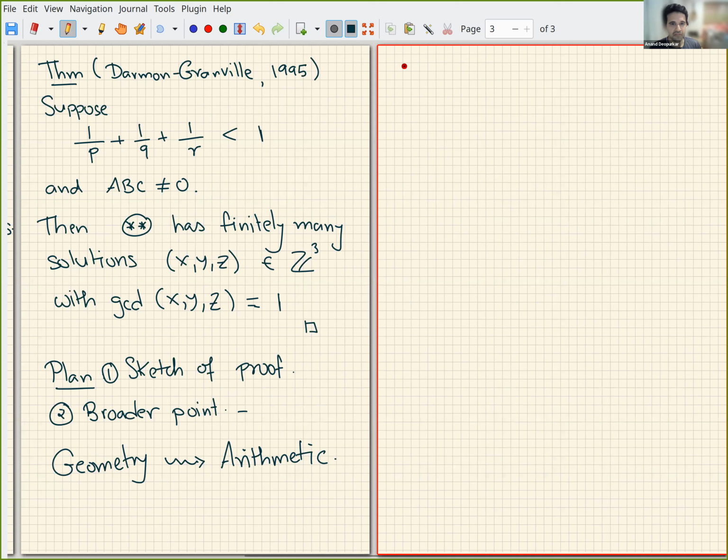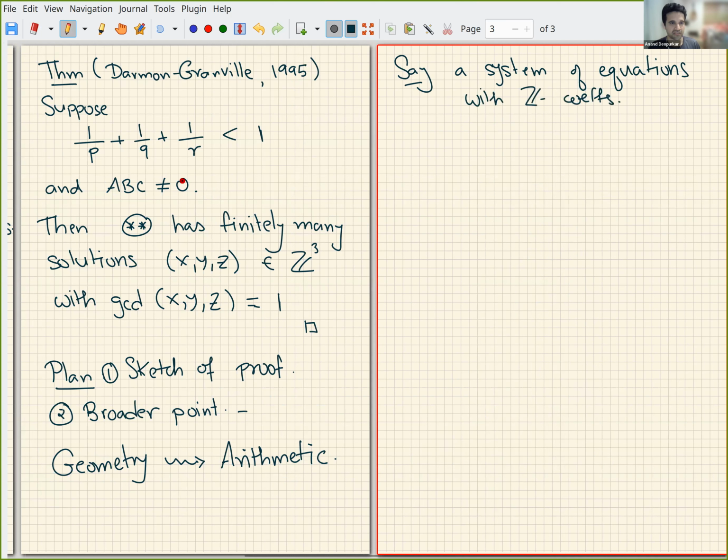So what do I mean? Let's say you have a system of equations. And how do we encode a system of equations? So let's say with coefficients in the integers. Okay, so with integer coefficients.